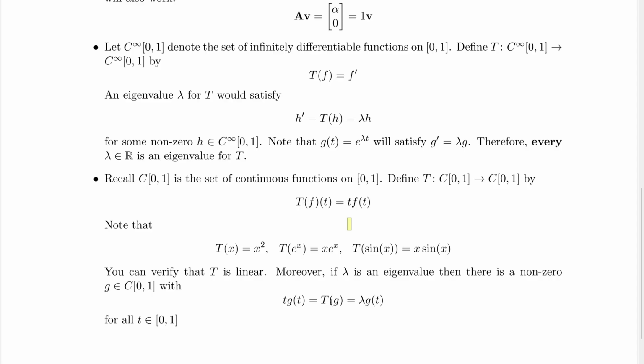So, if T had an eigenvalue, lambda, there is a non-zero function g so that T of g is equal to lambda times g. But my action of my mapping is to multiply the function by the input. And now you can immediately see this can't possibly be true, right? There is no function so that scaling it is the same thing as multiplying by its input, if the function is continuous, so we need to be a little careful. So at first glance, that equation seems like, yeah, there's no way that's true. Let's actually work out the details as to why.